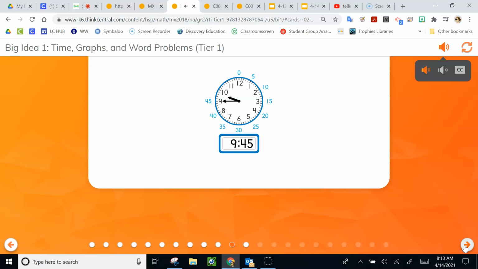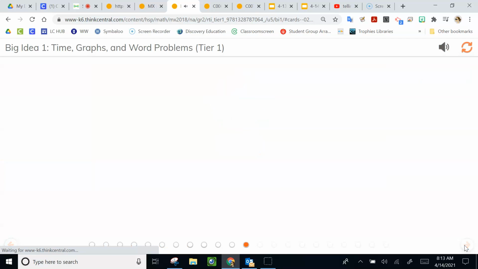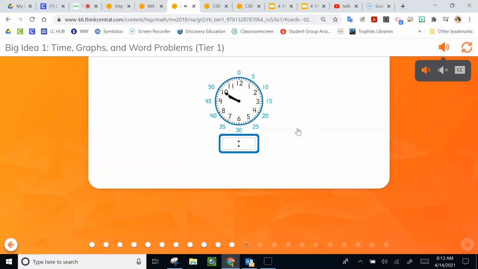It is 9:45. What time is it now? Tap or click the clock to check your answer. 9:50.